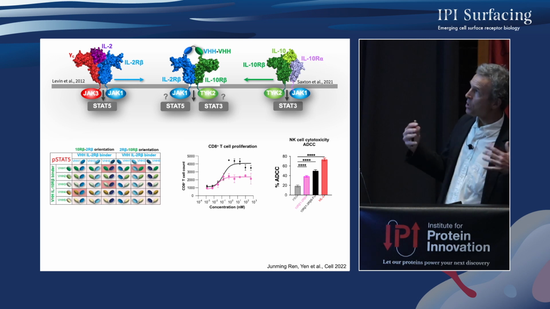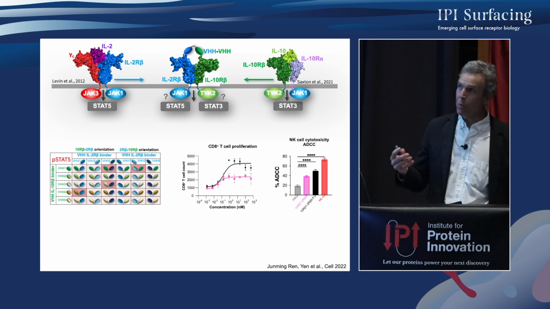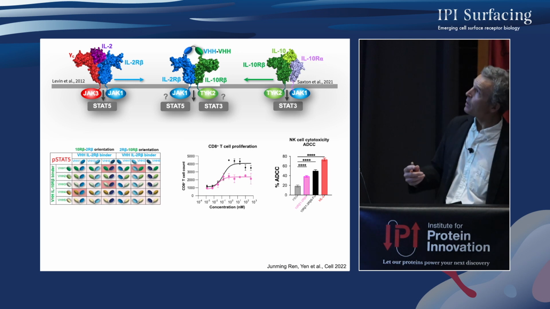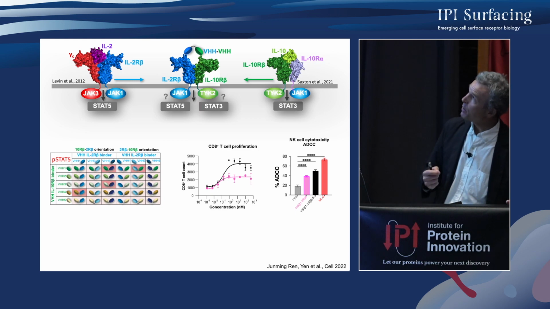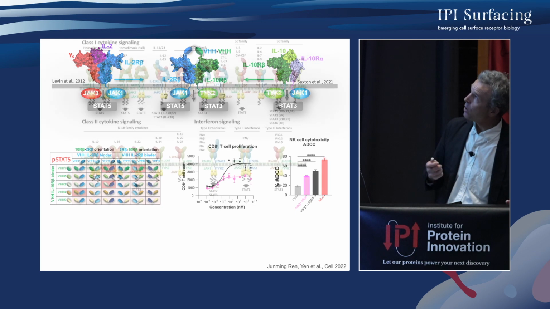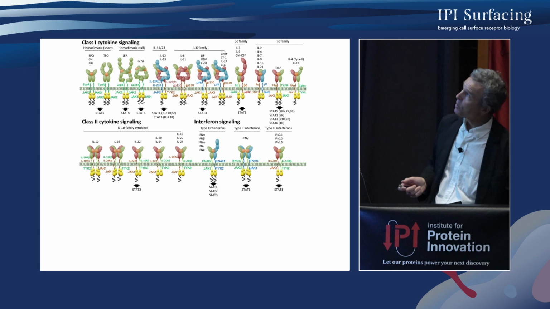So, we're just learning about this. It's like discovering a new orphan cytokine in the genome that has properties that we don't even know what it does at this point. So really, I'm going to finish up here, and this is the menu of cytokine receptors that are expressed on different cells.